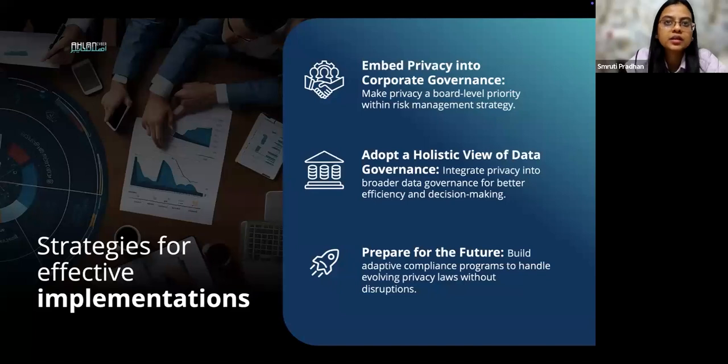So the awareness about how skillfully and efficiently you need to build a program, going beyond just a checklist approach, is something that still needs to be instilled amongst the management of the organizations.